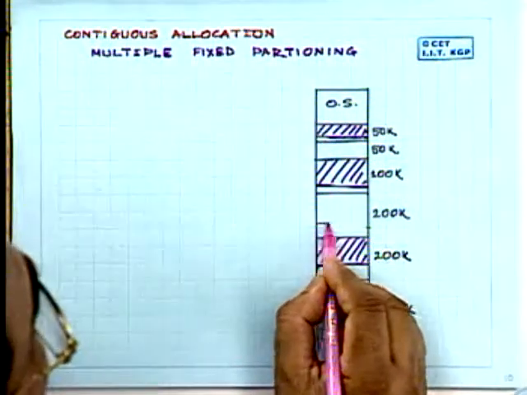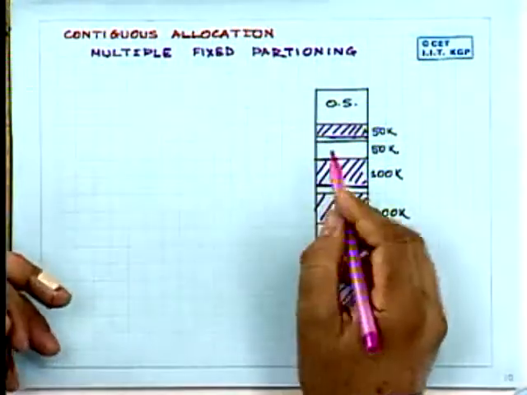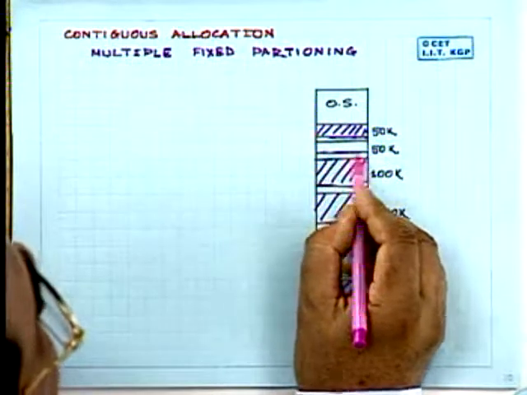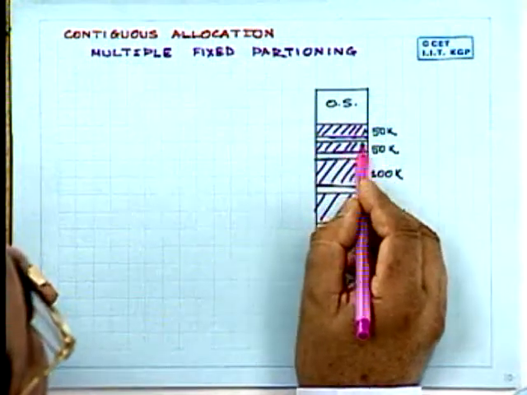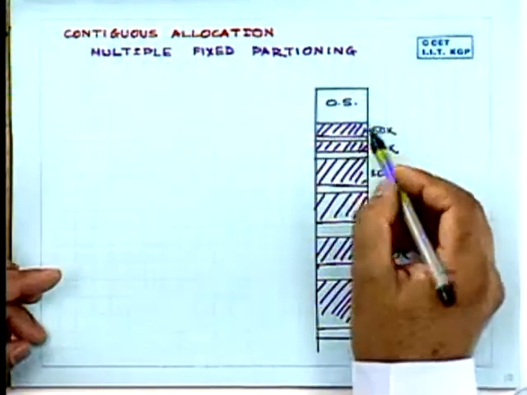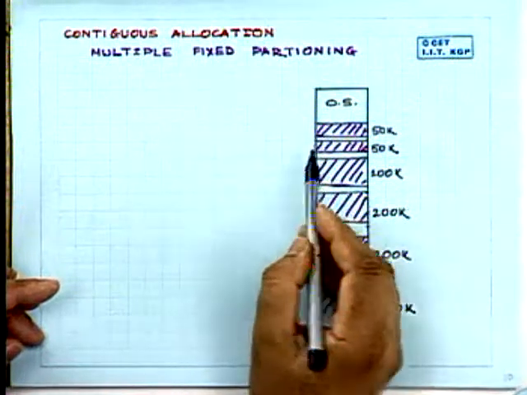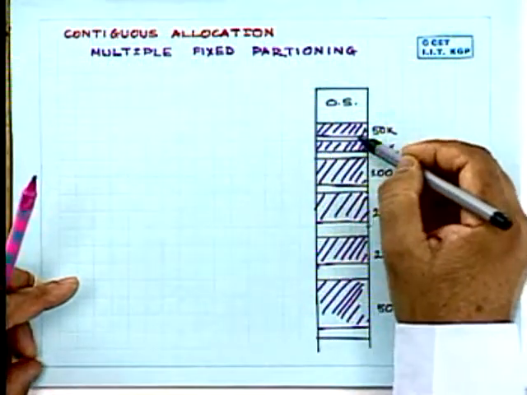For example, another program has come, we have kept it here, and another program has come, we have kept it here. Now you see that the entire memory has been divided into some occupied spaces and some holes. We call that fragmentation.